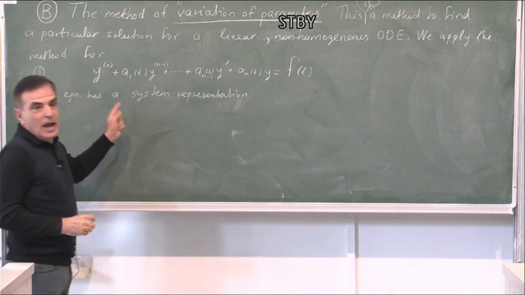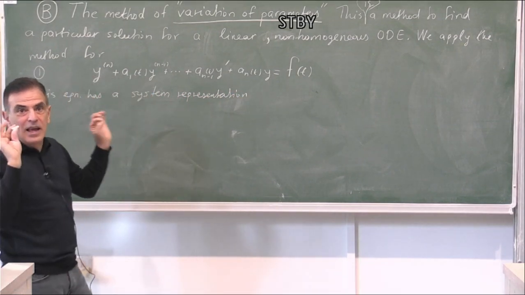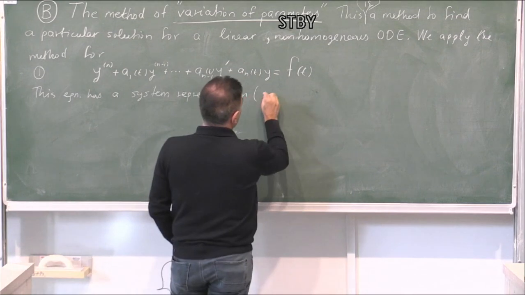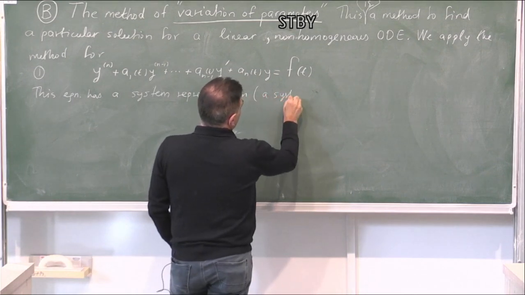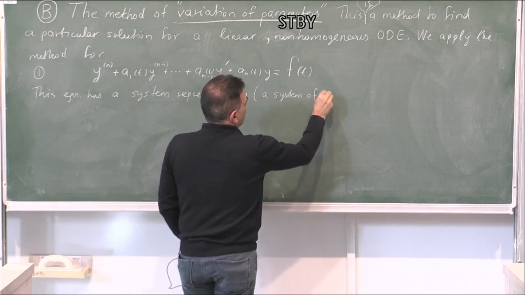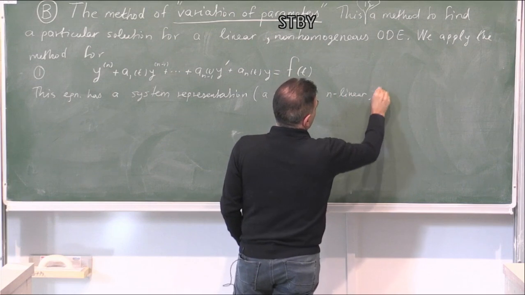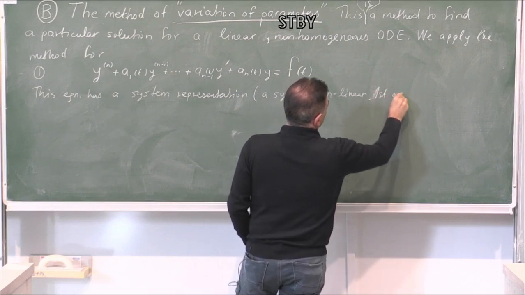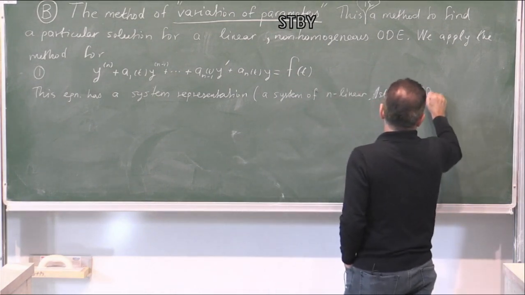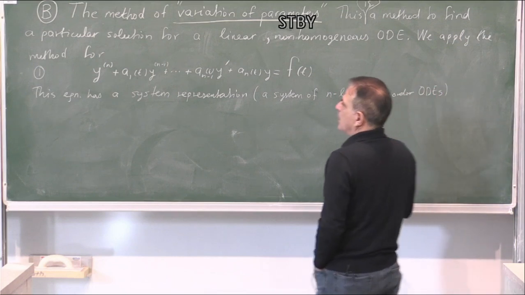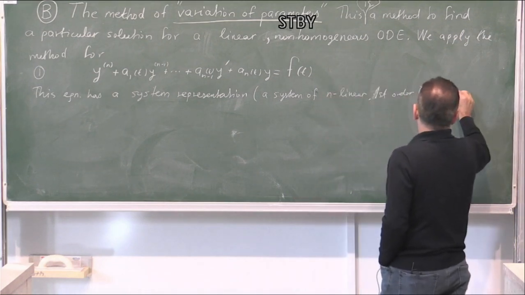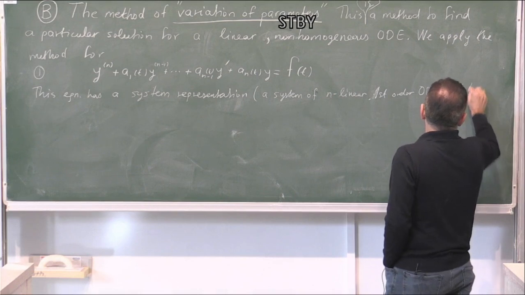I mean, a system of n linear first order ODEs has a system representation of the form.